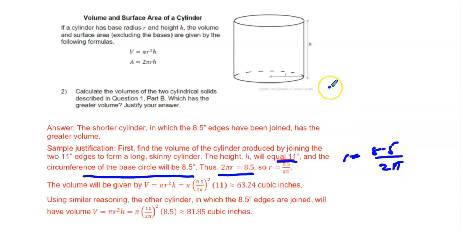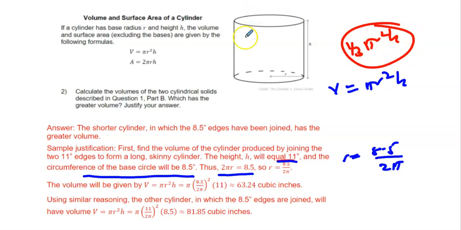This gives us a volume V equal to pi r squared h. Initially I said a volume of 1/3 pi r squared h. That is wrong. So the volume is pi r squared h, and when you find that volume, you get 63.25 cubic inches.